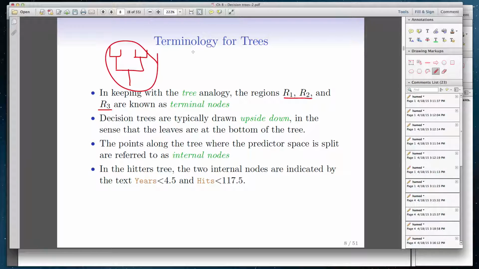Let's work on gravity and put the tree upside down. We can interpret it better if we do it this way. So the trees we grow are upside down, and we have some internal nodes. Whenever you sub-branch, you have an internal node. So we have an internal node here and also an internal node here.